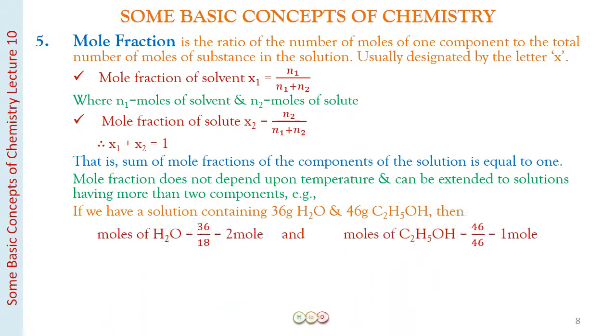The moles of water would be 36 divided by 18, so 2 moles, and moles of ethyl alcohol would be 46 divided by 46, which is the molecular weight of ethyl alcohol, and this comes up to 1. So the mole fraction of water would be 2 over 2 plus 1, which becomes 2 by 3, and for ethyl alcohol it would be 1 over 2 plus 1, which becomes 1 by 3.